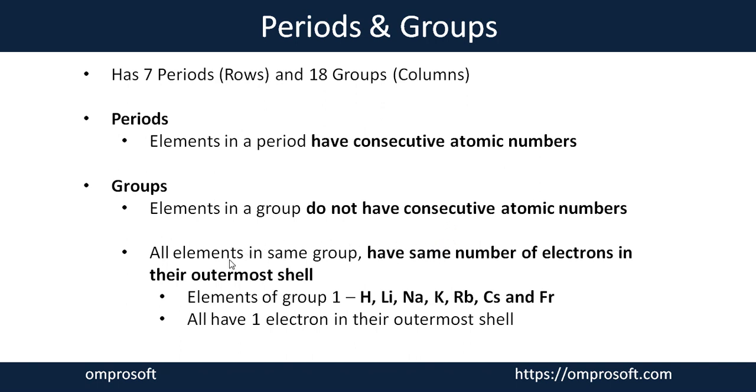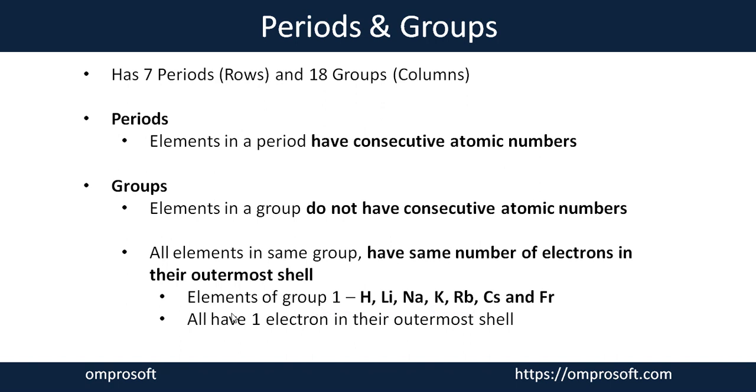So all of the elements present in the same group have one similarity. That is, they have the same number of electrons present in their outermost shell. For example, if you consider group number 1, these elements are present: hydrogen, lithium, sodium, potassium, uranium, like this.